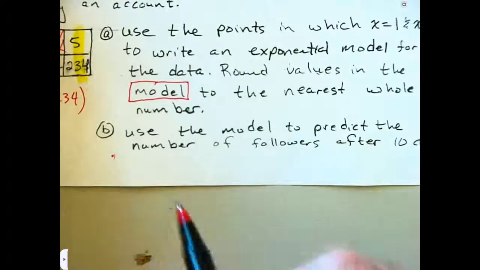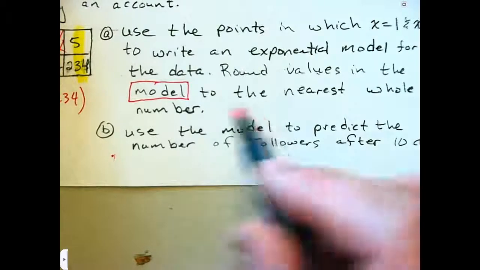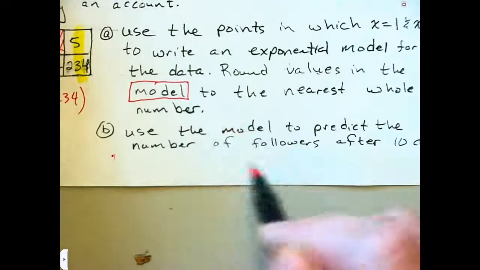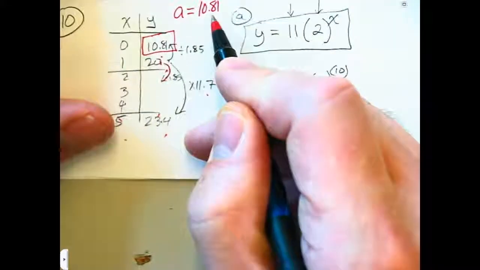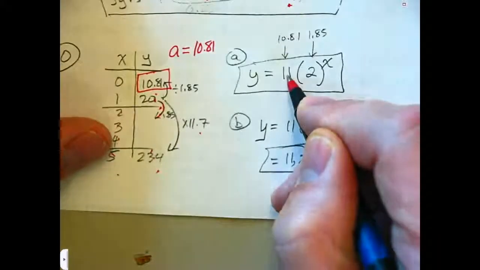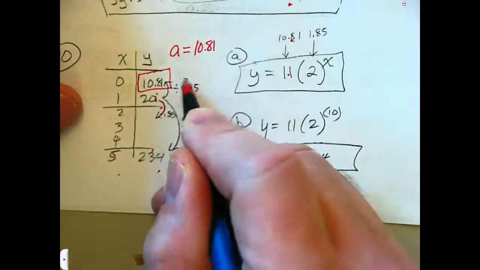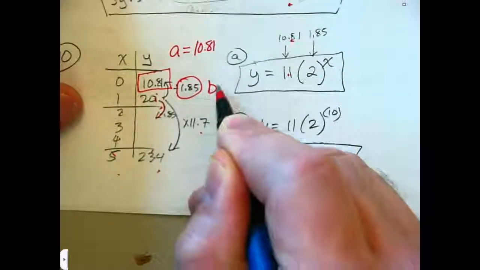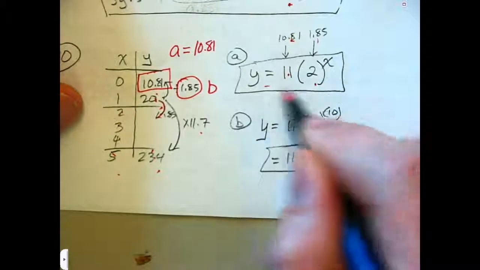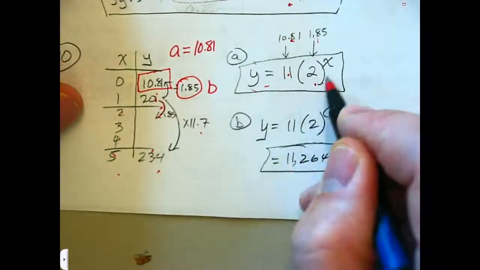You've seen it on worksheets. Write a model for this data. That's an equation. So round the model to the nearest whole number. The nearest whole number to 10.81 is 11. The nearest whole number to 1.85, which is our b term, is 2. That is our model. y equals 11 times 2 to the power of x.